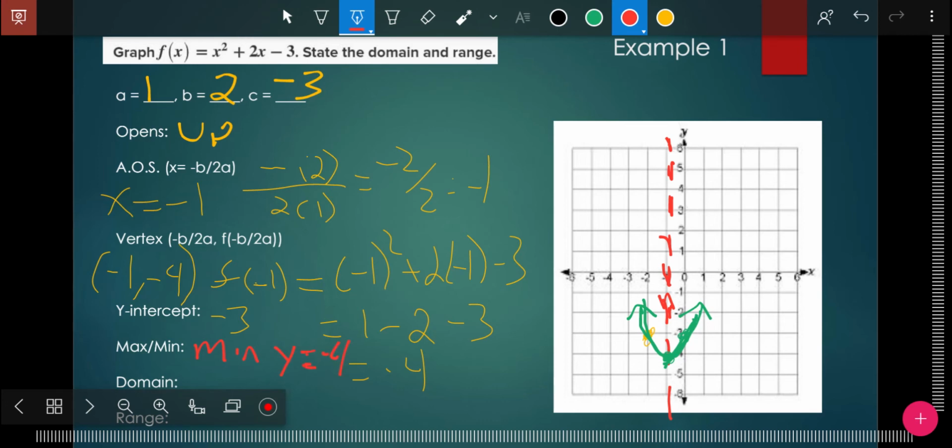It's just the y from the vertex. The domain is all reals. And the range, I'm going to have trouble writing on my screen, so I'm going to put it over here. The range, it's going up, so it's y greater than or equal to that -4 from the vertex.